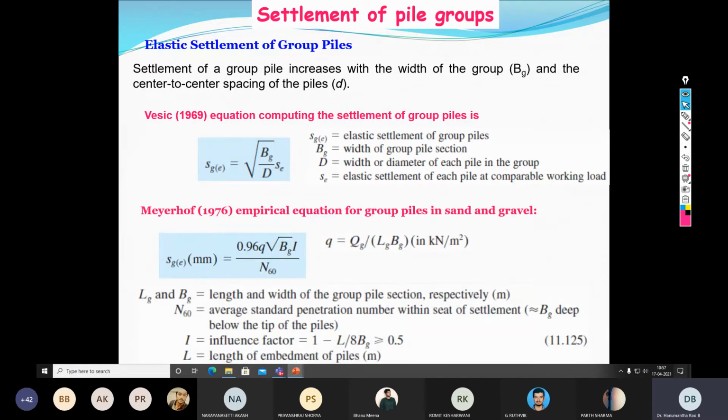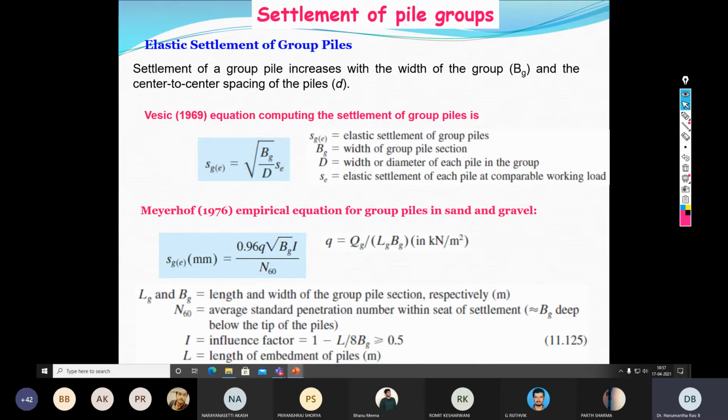Now how do you determine the same pile group elastic settlement using in situ techniques like SPT value? People have given n number of equations. If you refer to any foundation engineering book, you will get plenty of variety of equations.